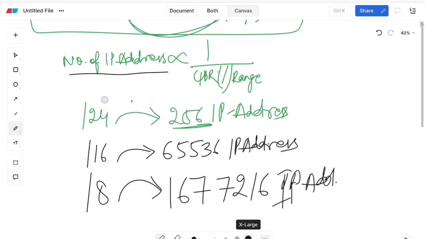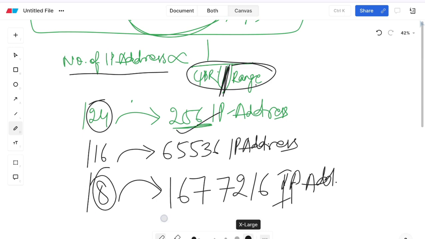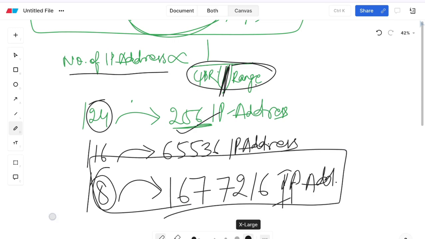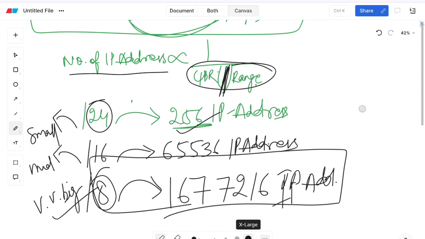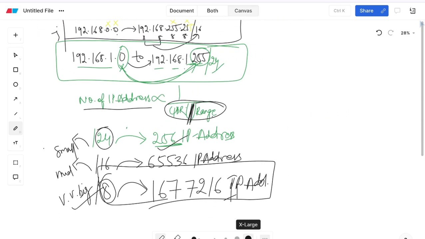So the larger the number after the slash, the smaller the number of IP addresses. Okay, the smaller the number, the bigger the range we have. Okay, so mostly /8 will be used in a very big VNet or architecture. This will be mid-range and this will be small in range. Okay, so this is what we have.